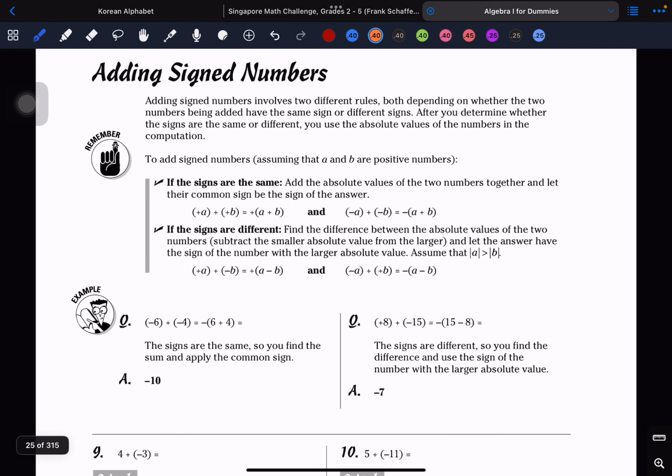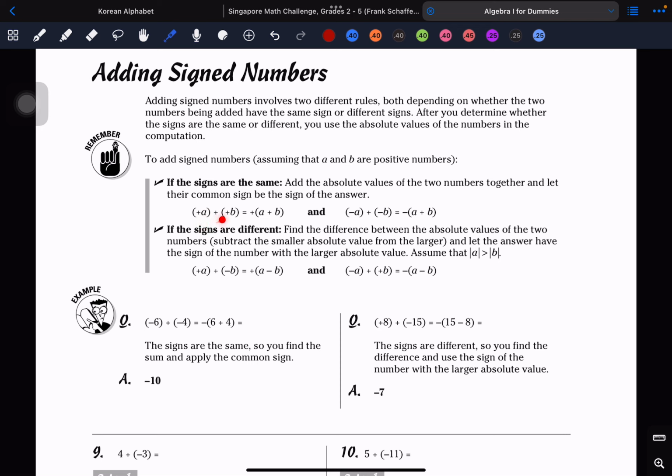Adding sign numbers. Kapag nag-a-add ka ng numbers na parehas lang ang sign, let's say, inadd mo ang positive sa positive at pinagsama mo ang negative sa negative, ang gagawin mo lang daw ay add the absolute values of the two numbers together and let their common sign be the sign of the answer.